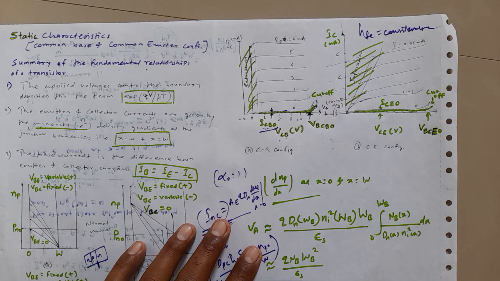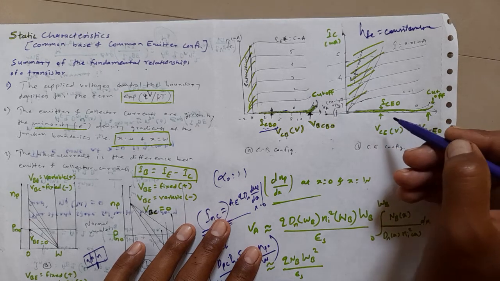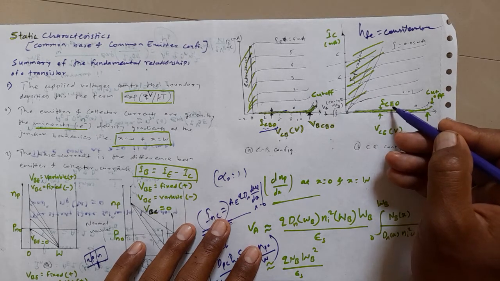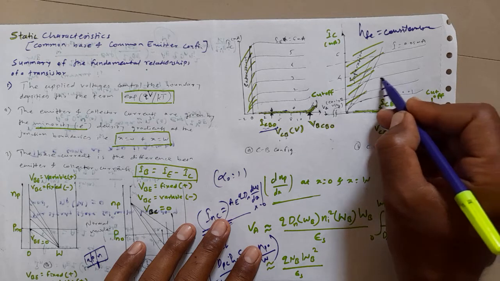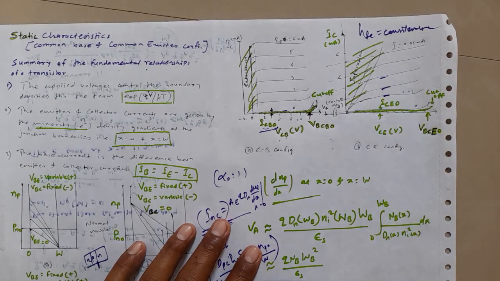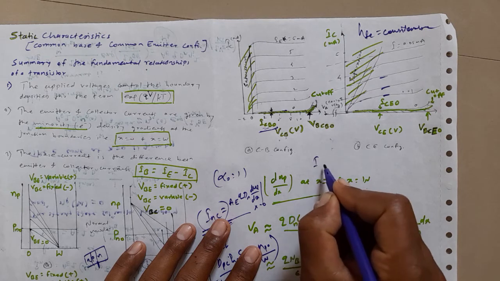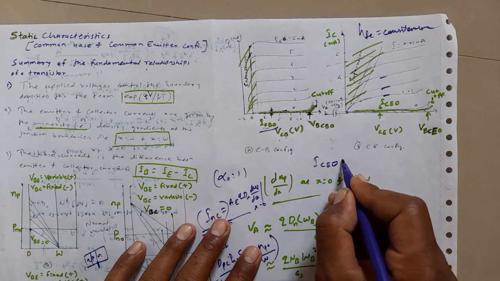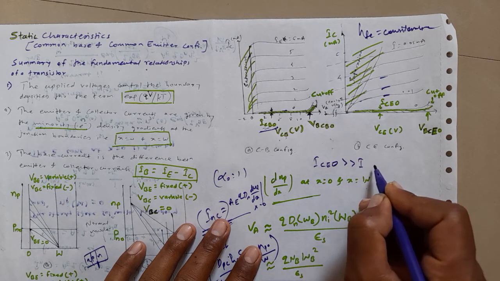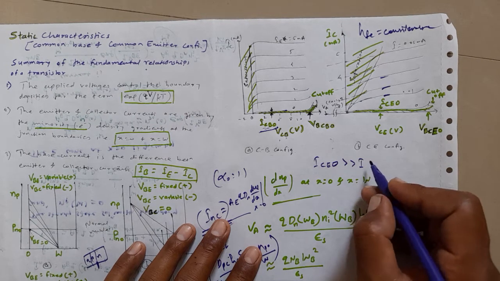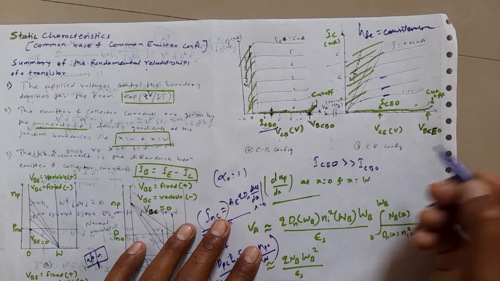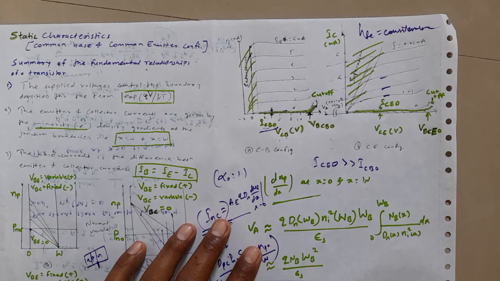Now the saturation current, that is ICO. These are the saturation currents for all the others as well. ICEO, which is the collector current with zero base current, that is open base, is much larger than the ICBO. So here ICEO is very much greater than ICBO, where ICBO is the open circuit collector base current.